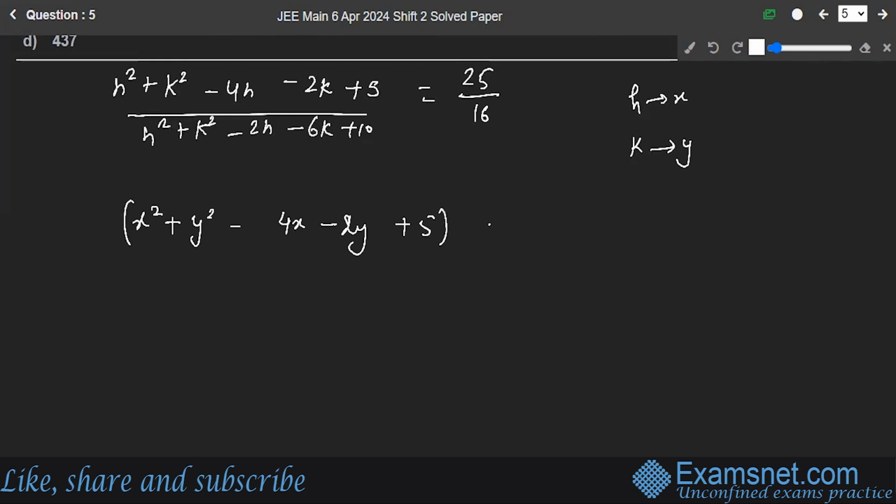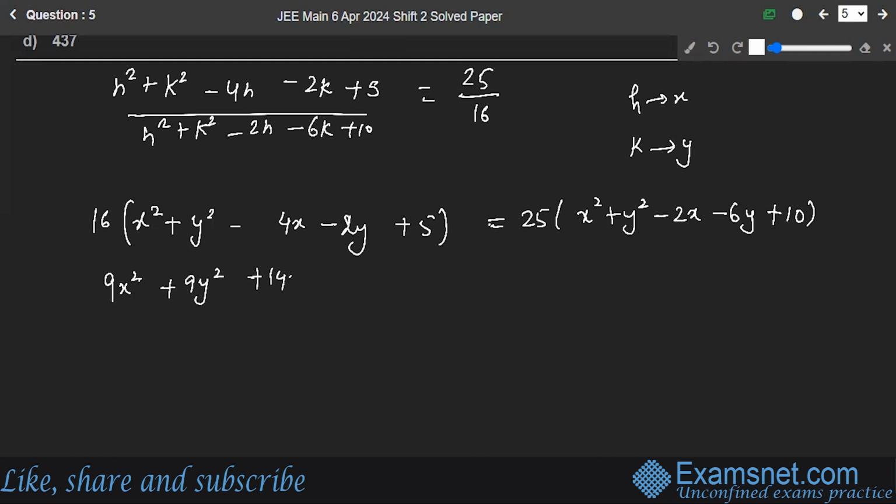Let's do the cross multiplication also at the same time. This is multiplied by 16 and this is multiplied by 25. x square plus y square minus 2x minus 6y plus 10. So this gives me, on solving, 9x square plus 9y square plus 14x minus 118y plus 170 is equal to 0.